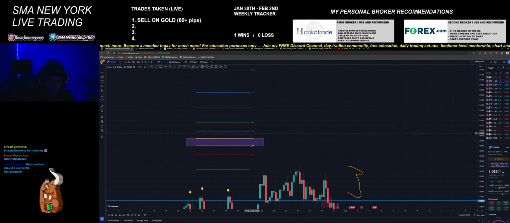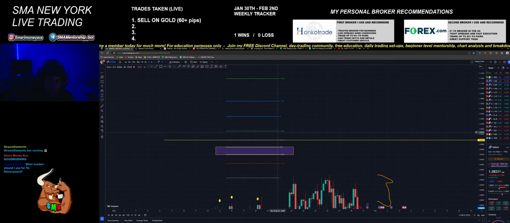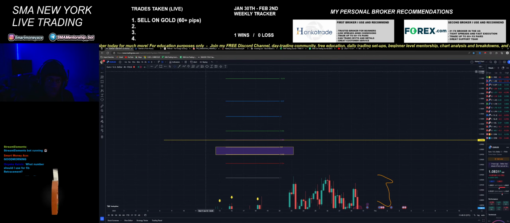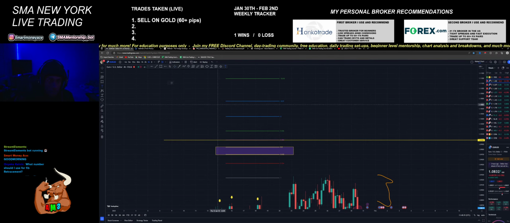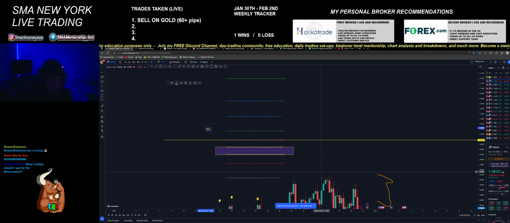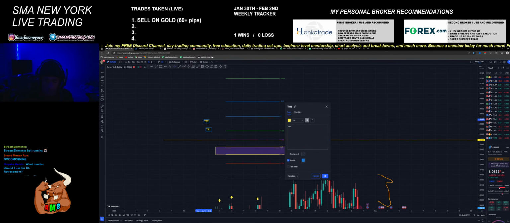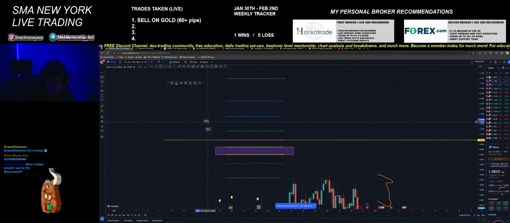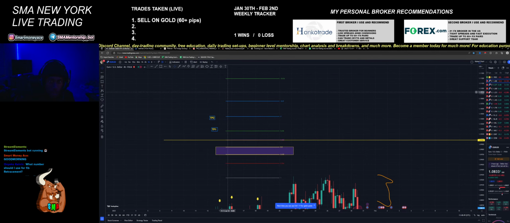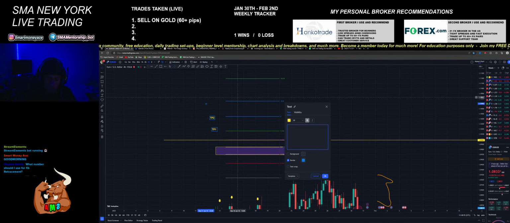We have the 0.382, which is past structure, right? We have the 0.03, which is TP1. We have the 0, which is TP2. We have the 0.25, which is TP3.